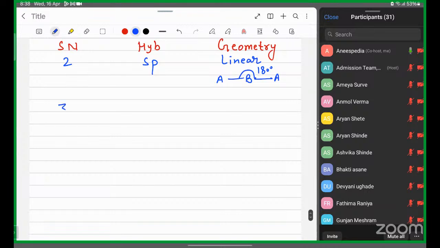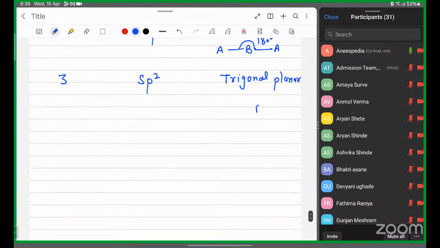Next is steric number 3, hybridization will be sp2, and geometry will be trigonal planar. B will be at center, and there will be 3 bonds making a triangle. Angle will be 120 degree.